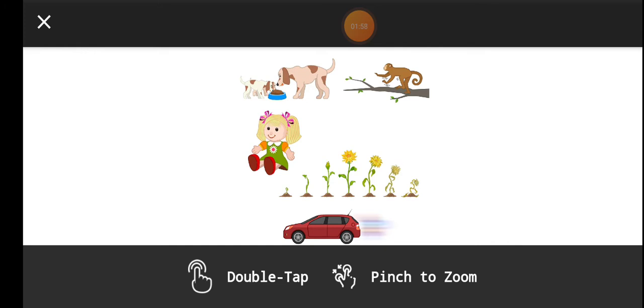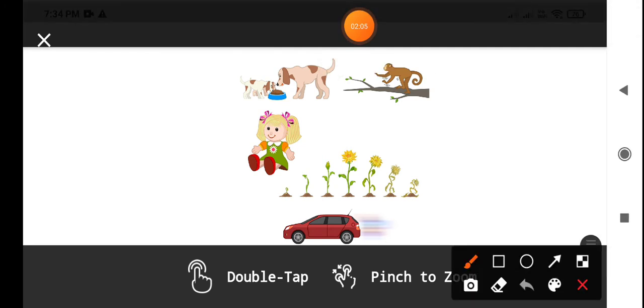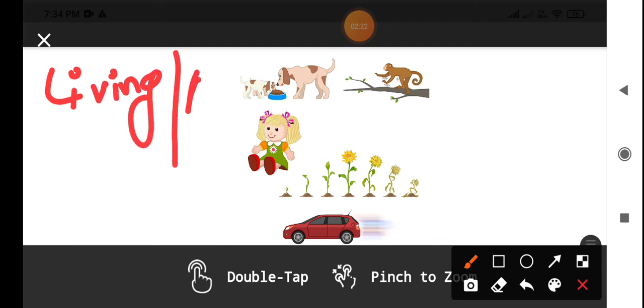In your notebook, write the heading as activity, and identify these images and sort them as living and non-living things. Make a tabular column in your notebook like living and non-living.